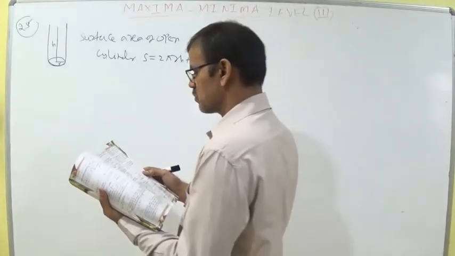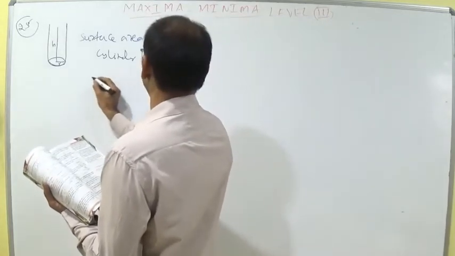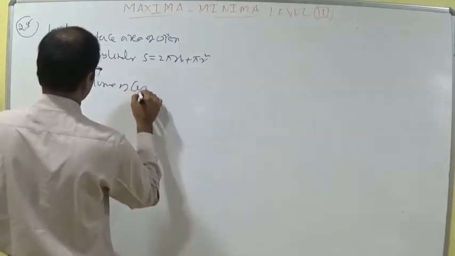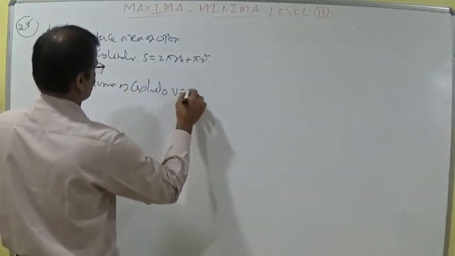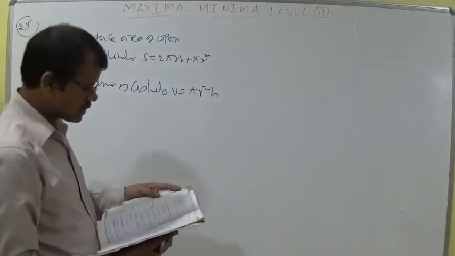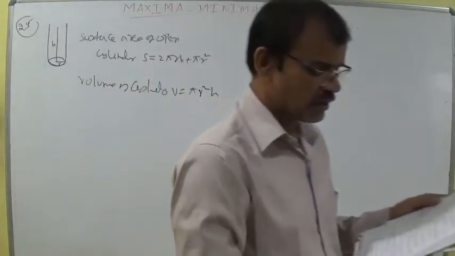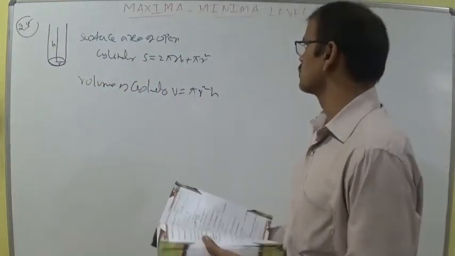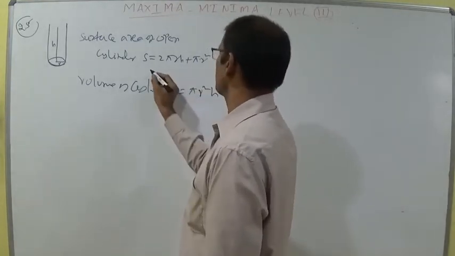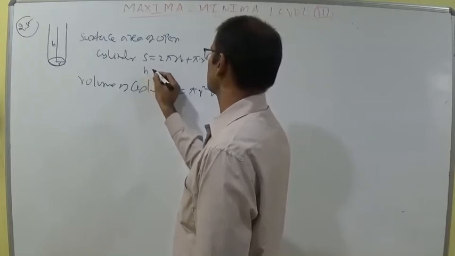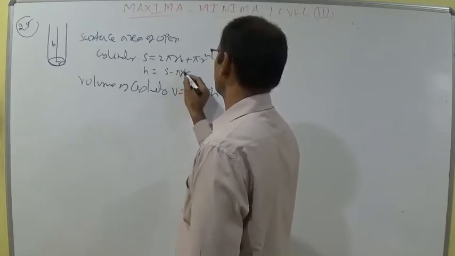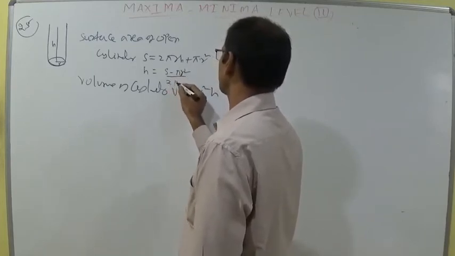Regarding the 25th question, we eliminate h. Taking r square terms, h is equal to S minus pi r square by 2 pi r.